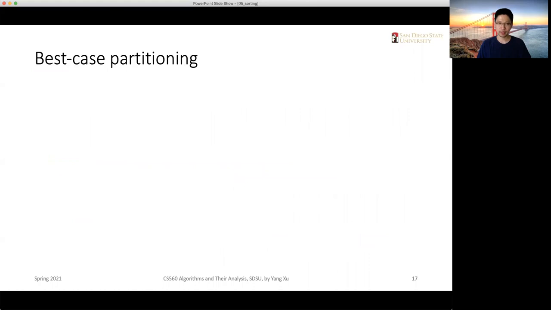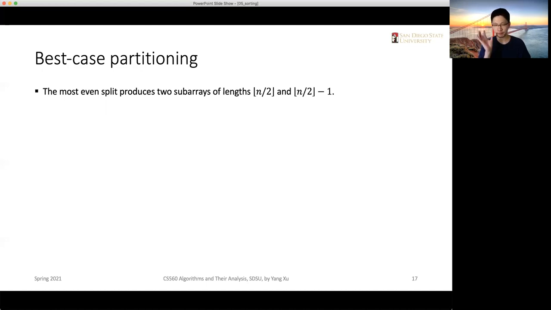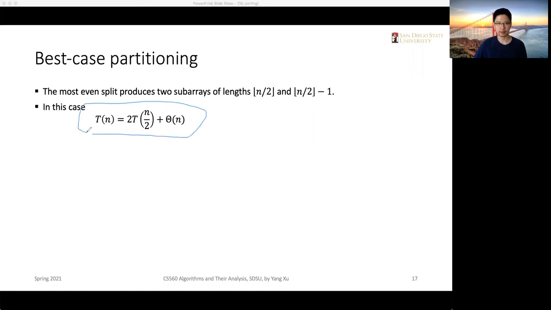So now what about the best case? Let's be a little optimistic now. And of course, the best case would occur when we have the most even splits whenever we have a recursive call. Whenever we call the partition, it always returns the most even split. If we ignore the ceiling and flooring symbols, we will have the recurrence equation like this.